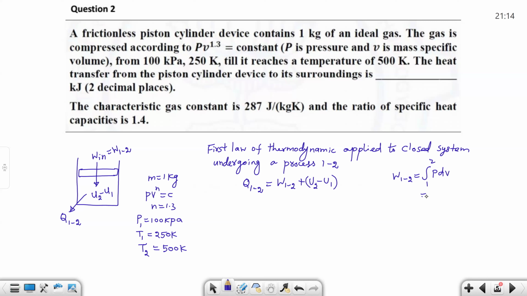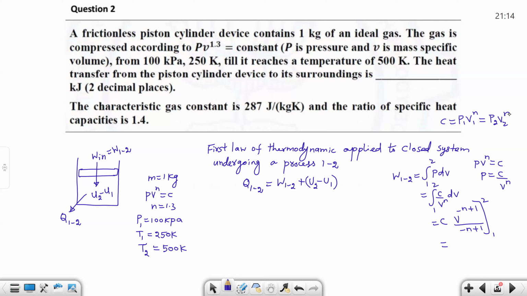From 1 to 2. So we know that PV power n equal to constant, P equal to C by V power n, so the integral of C dV from 1 to 2. So C can be written as P1 V1 power n as well as P2 V2 power n.